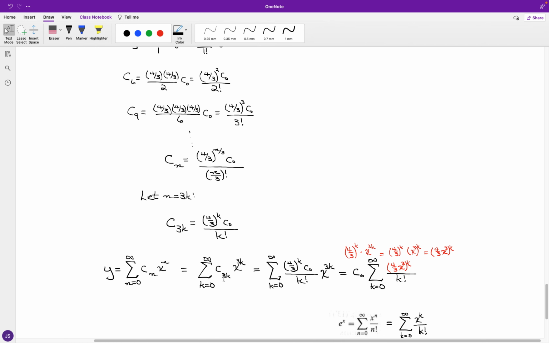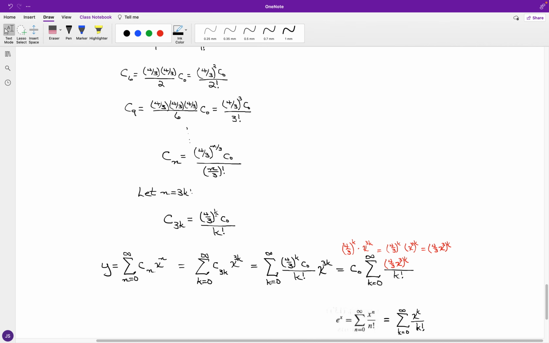the sum of c sub 3k times x to the 3k as k goes from 0 to infinity, and replacing c sub 3k with what we have in defining that constant arrangement. And so we're going to have 4/3 to the k c naught over k factorial times x to the 3k, and shifting the constant to the front and clustering together 4/3 to the k and x to the 3k.